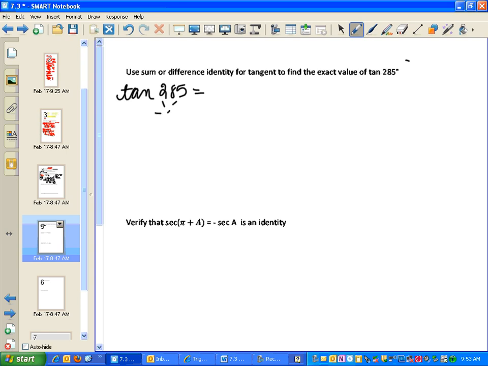Well, what happens if I subtract 45? I get 240. Is 240 a 30, 60, or a 90? Yeah, it is. So maybe what you should do is you should have a page. 30, 60, 90, 120, 150, 180. Just kind of do a little chart.